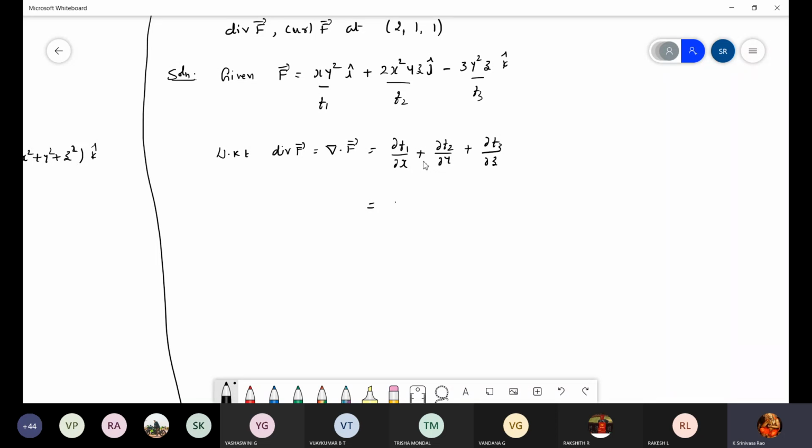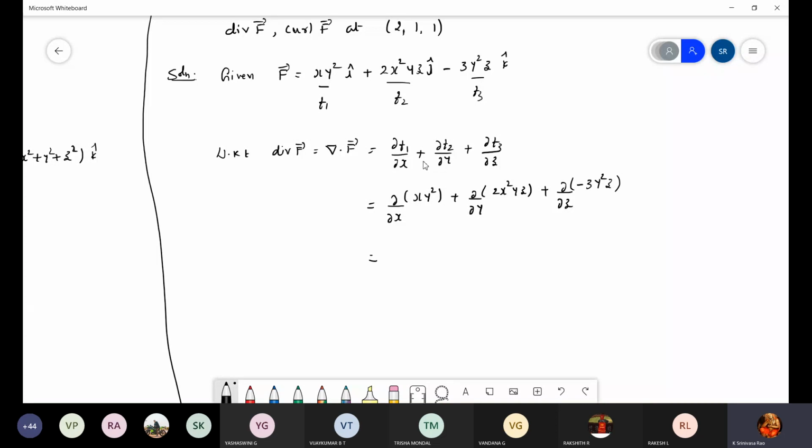Now ∂/∂x of xy² plus ∂/∂y of 2x²yz plus ∂/∂z of minus 3y²z. See here, the negative sign is there.